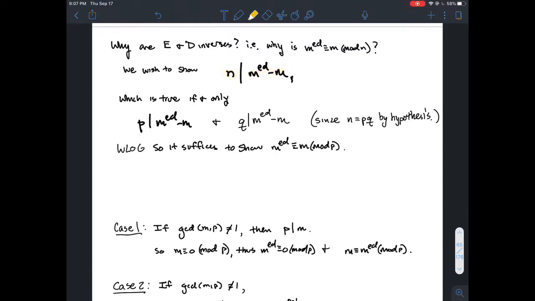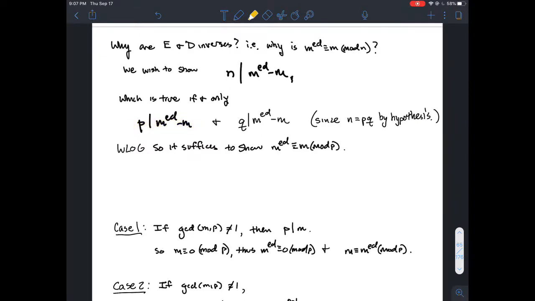So in particular, n divides this difference if and only if each prime in that prime factorization, p and q, divides the difference. And I'm only considering p and q because n is equal to p times q by hypothesis for this RSA stuff that we're doing. Now the argument that I'm going to show you, I'm going to try to show you that p divides this difference here.